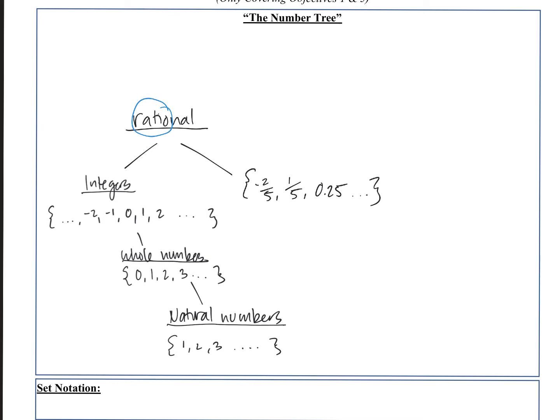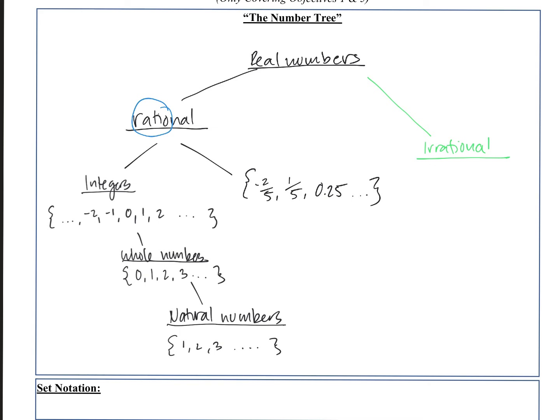All right, so those all fall under something we call the real numbers. And there's one other group that falls under the real numbers, and it's over here on the side, kind of the oddball. These are called irrational numbers. Those are the numbers that cannot be written as a ratio.